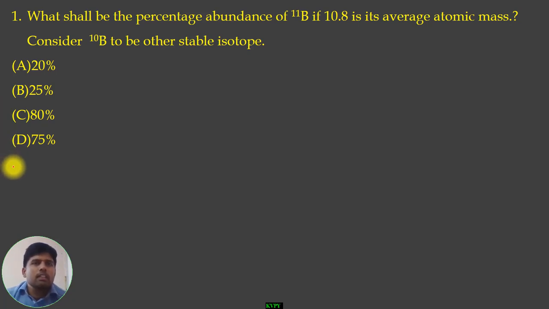What shall be the percentage abundance of B11 if 10.8 is its average atomic mass? Consider B10 to be the other stable isotope.